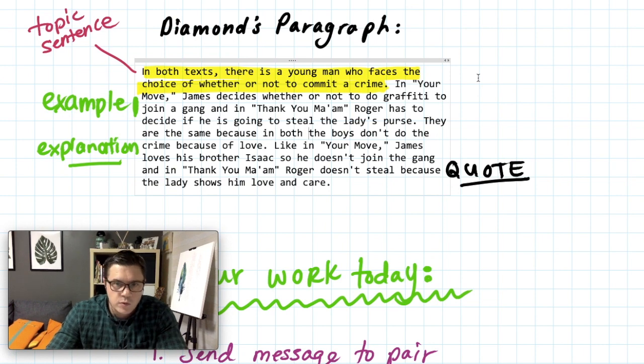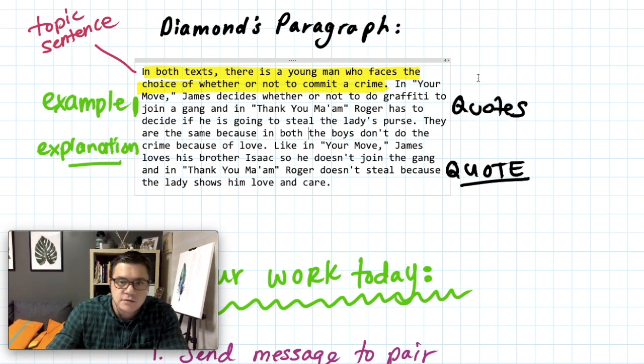Or should I put quotes to show that he was thinking about doing graffiti to join the gang? So what we have here is we're trying to figure out which evidence is strongest or most compelling. All right, so think about this for a moment.